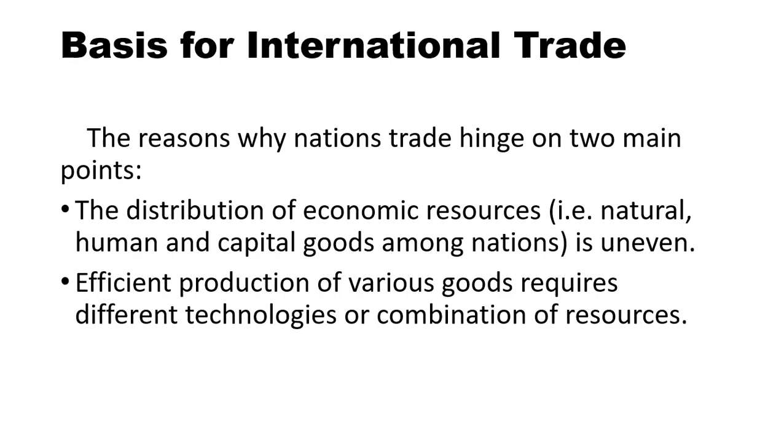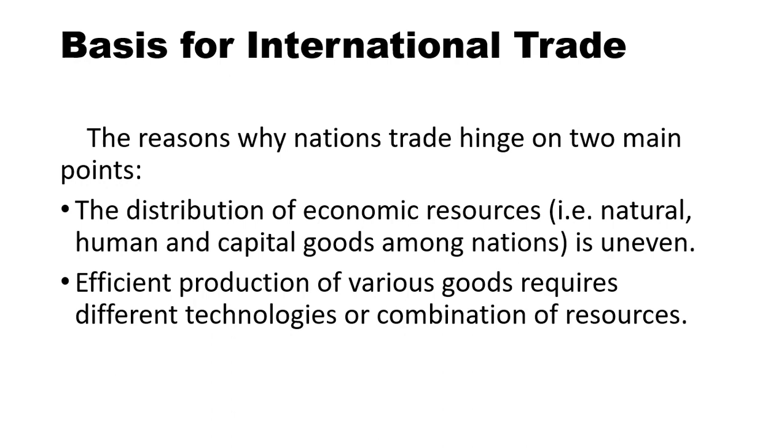We'll start off by looking at international trade. Why do countries trade with one another? There are two main reasons why they do this. One has to do with an uneven distribution of natural resources.